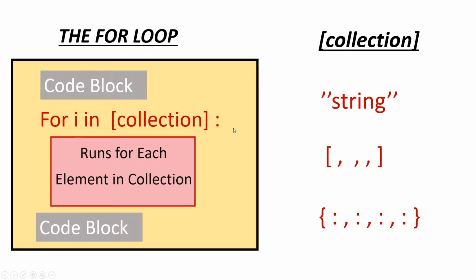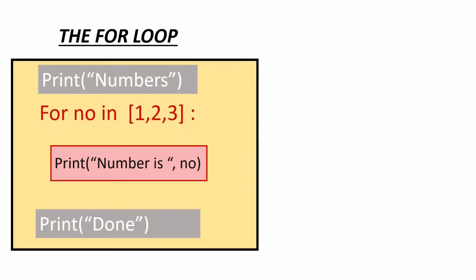Then after the collection you have a compulsory colon sign and a set of codes that will be running for each of the elements in the collection. And after the code is run for each of the elements, we come and run the code block that is after the for loop. So let's take an example. I have something like this.